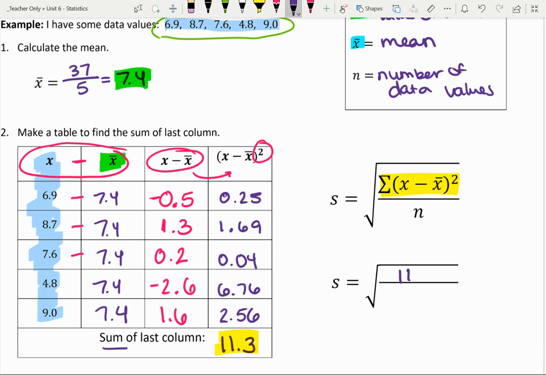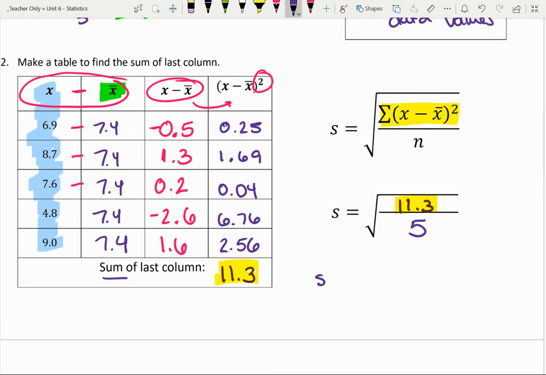So 11.3 represents the sum of all of the squares of the difference between my values and my mean. So again, I'm thinking about how far my values are from my mean. Well, we have to actually measure that, and we did. And then n represents the number of data values. We have 5 data values. So I'm going to put n as 5.